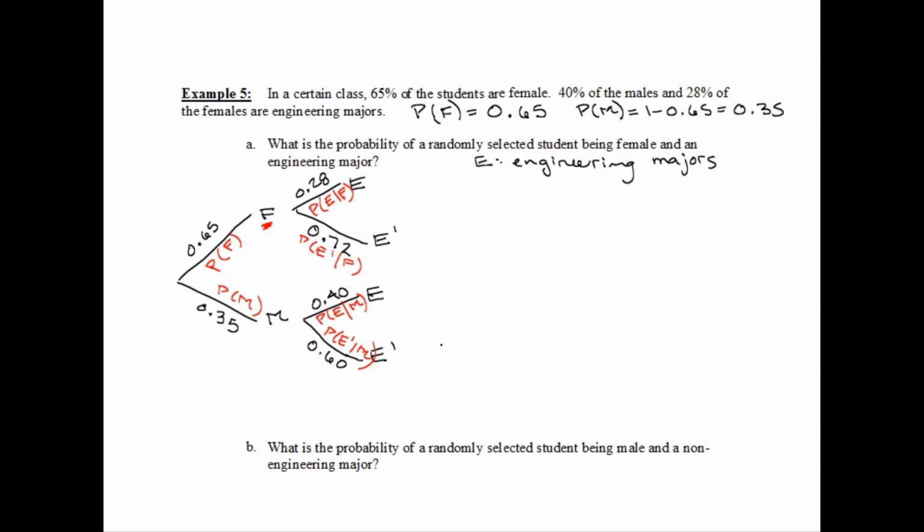Okay, now how do we work a problem with this using the product rule? Well, we want to figure out the probability that a student is female and also an engineering major.